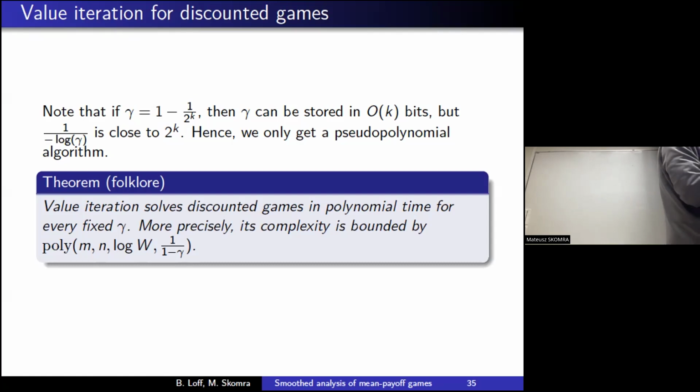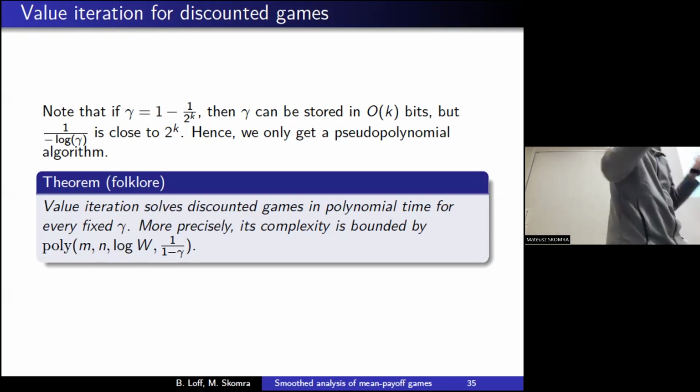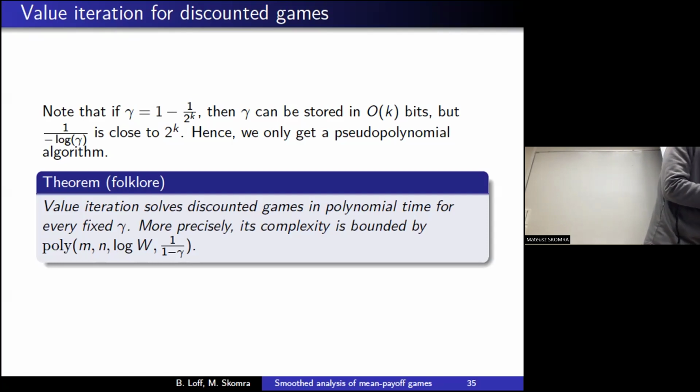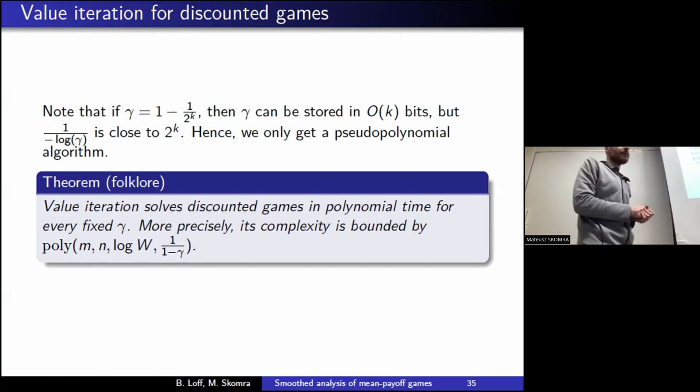Exactly, it is log of gamma, but 1 over log of gamma is much bigger than what you have. But if you fix the discount rate, then it becomes polynomial, right? In fact, if the discount rate is inverse polynomial away from one, so 1 minus 1 over poly n, it's still fine.